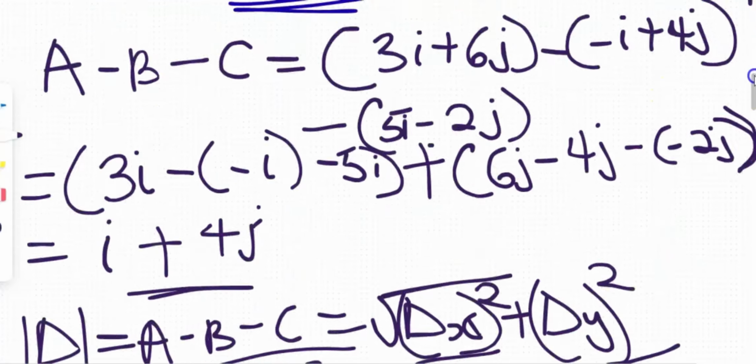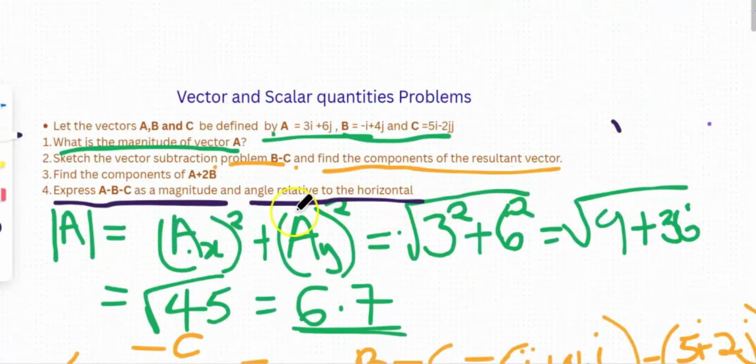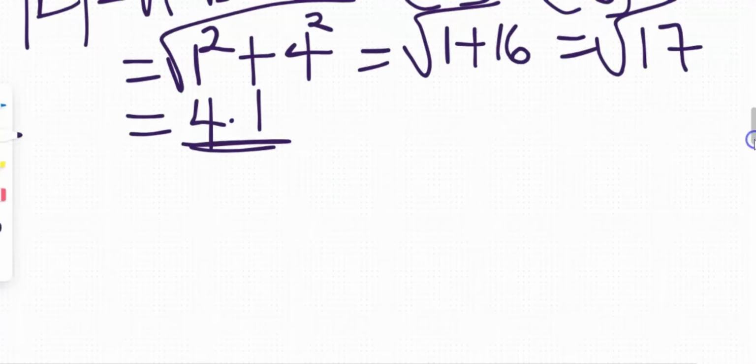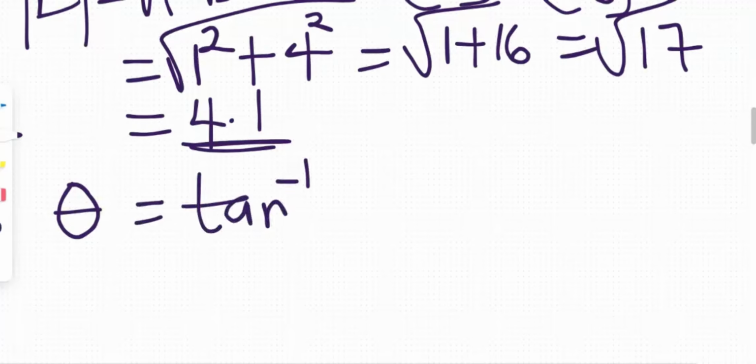The other question now says, find the angle relative to the horizontal. The angle relative to the horizontal, that is the direction of D related to the horizontal, is what? So theta equals tan inverse of 4 over 1. Because here we have 4 as this value, and this one was negative 1.